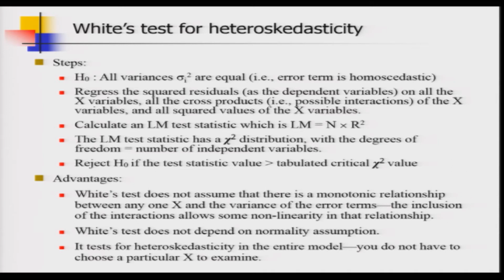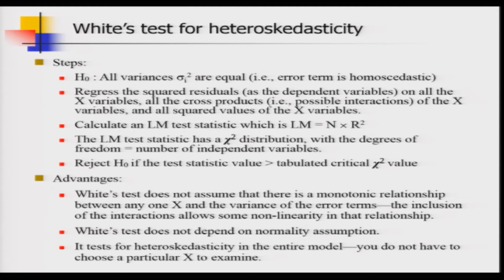Okay. And then you calculate the Lagrange multiplier test statistic, which is given by the formula LM equals n times R squared, and this R squared comes from the auxiliary regression. Then what to do? Statisticians have shown that this LM test statistic follows a chi-square distribution with degrees of freedom equal to the number of independent variables.